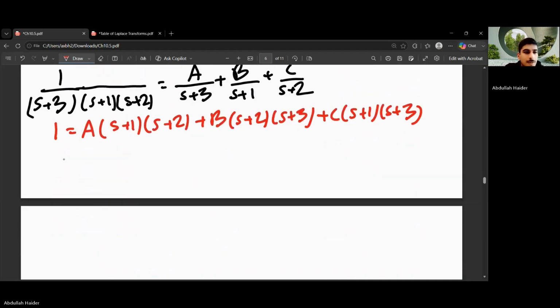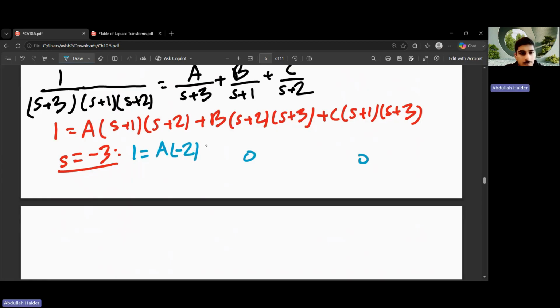So if you do s is equal to negative 3, this thing will be 0, this will be 0, so 1 is equal to a, let me do this. 1 is equal to a times minus 2 times minus 1. So 1 is equal to 2a. A is 1 over 2.